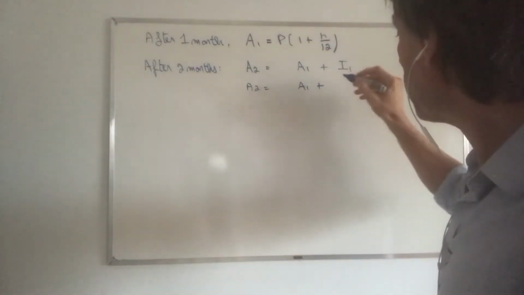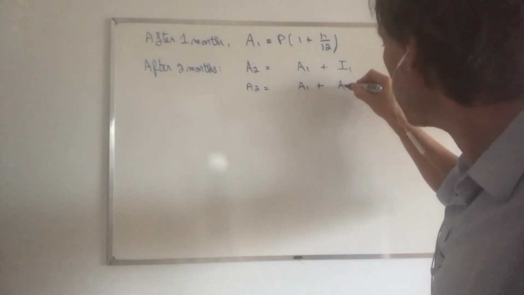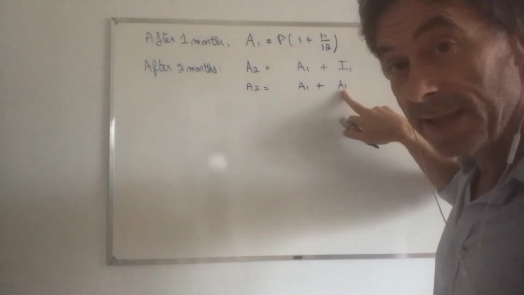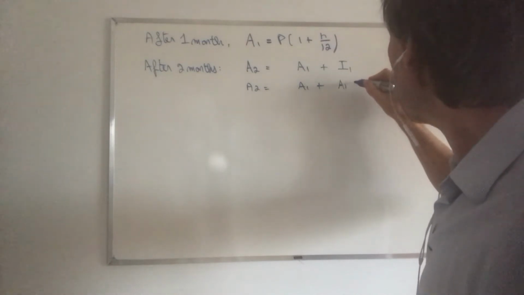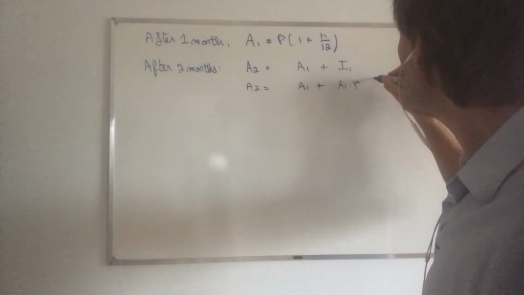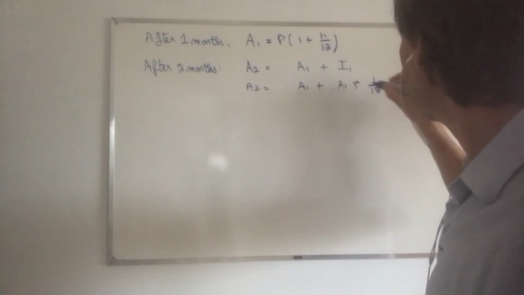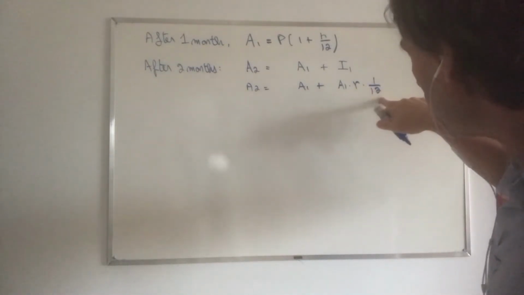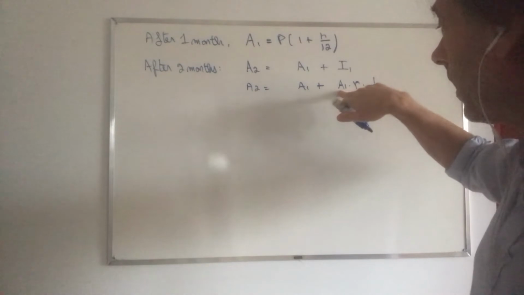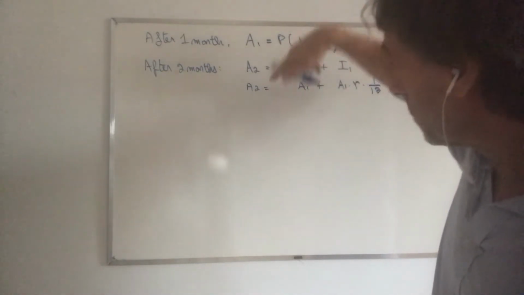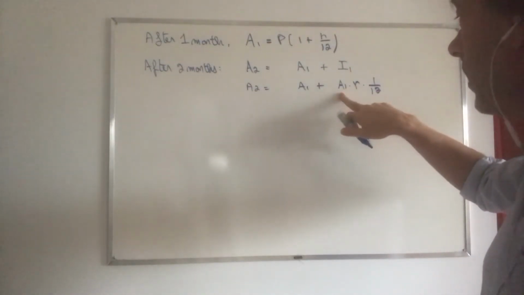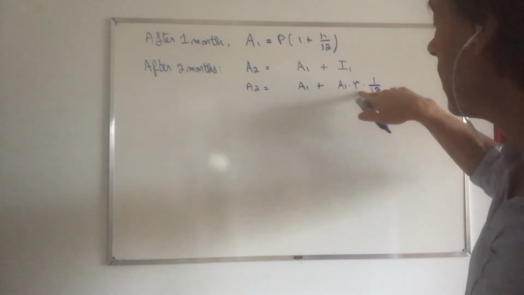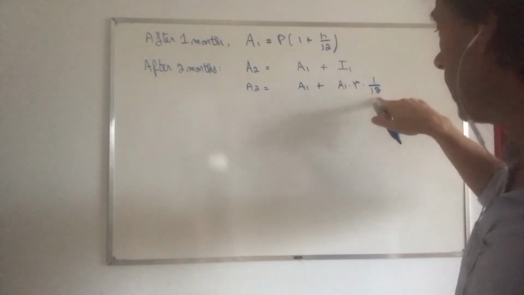Except that the principal here at the beginning of the second period is what you had at the end of the first, times the interest times the time. So this is the old PRT, but P is A1 because this is what we have from the other period. This is the new principal if you want, and the rate and the time.